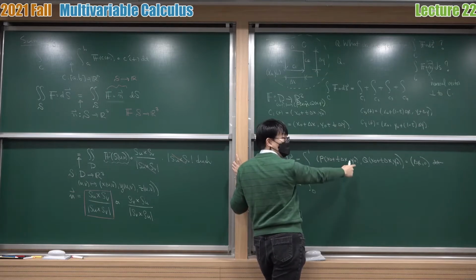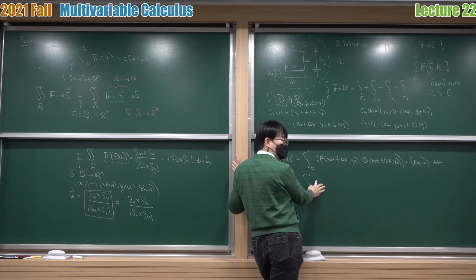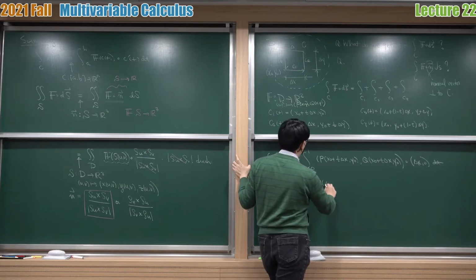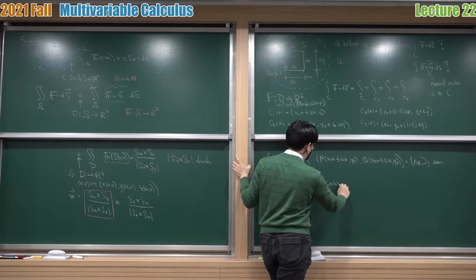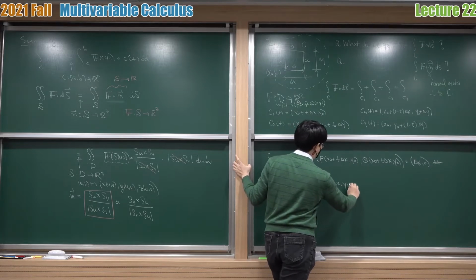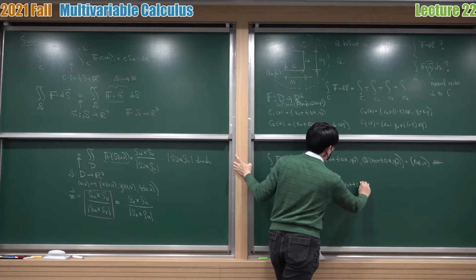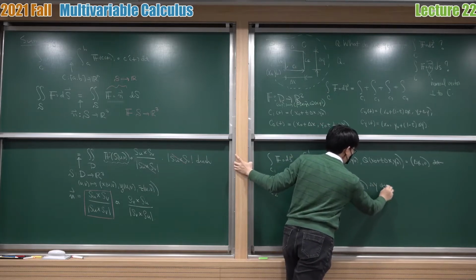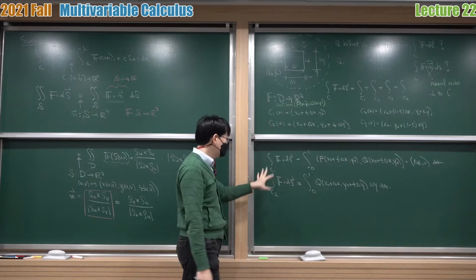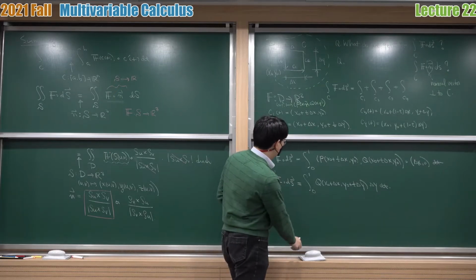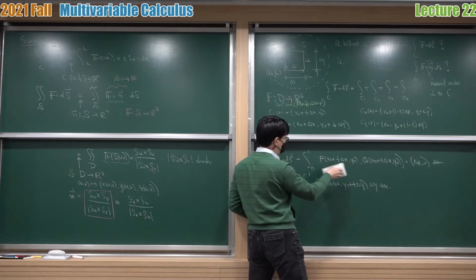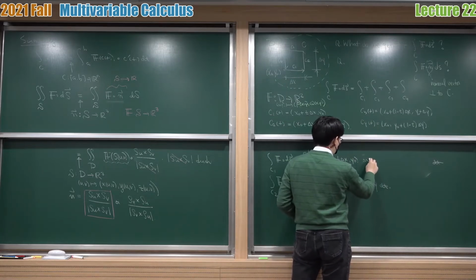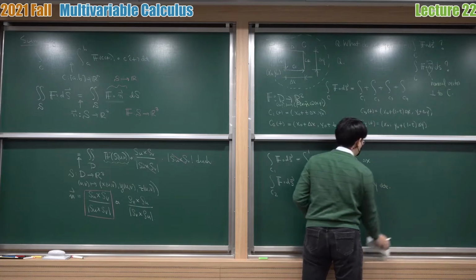So I don't need P in the second integration. So I'm going to plug in Q at x0 plus delta x, y0 plus t delta y, times delta y dt. Okay? So that's our C2 integration. Well, I can simplify this part too. If I do this, I get only delta x dt, right?